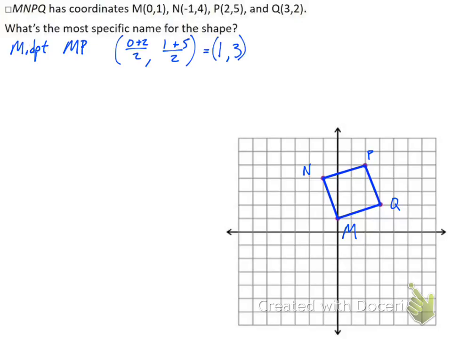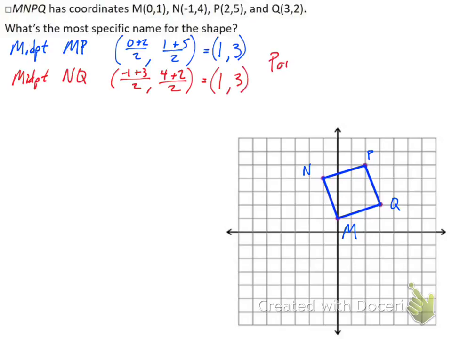So I get 1, 3. Midpoint of NQ. Let's see, it's -1 plus 3 divided by 2, and then 4 plus 2 divided by 2. So -1 plus 3 gives me 2 over 2, which is 1, and then I get 6 over 2, which is 3. So again, I know that the shape's a parallelogram.